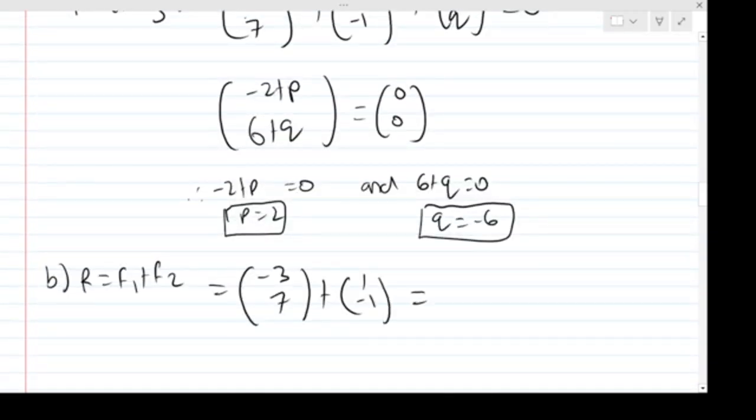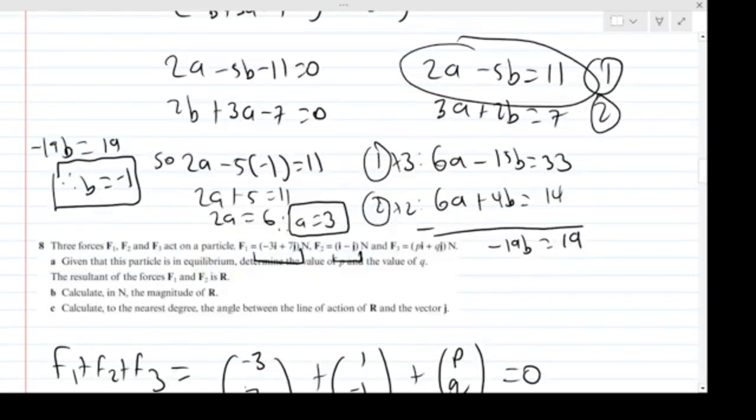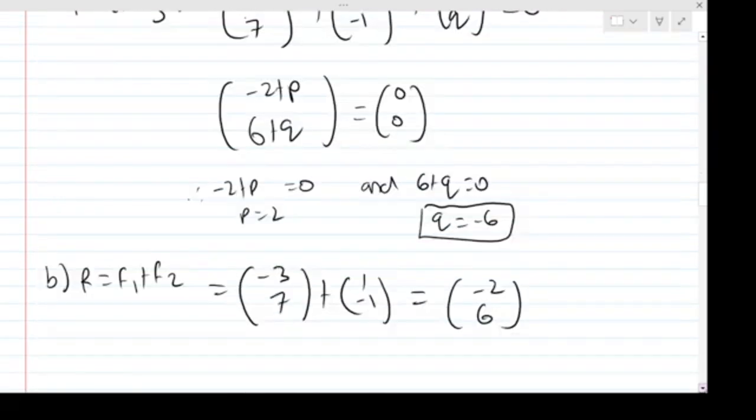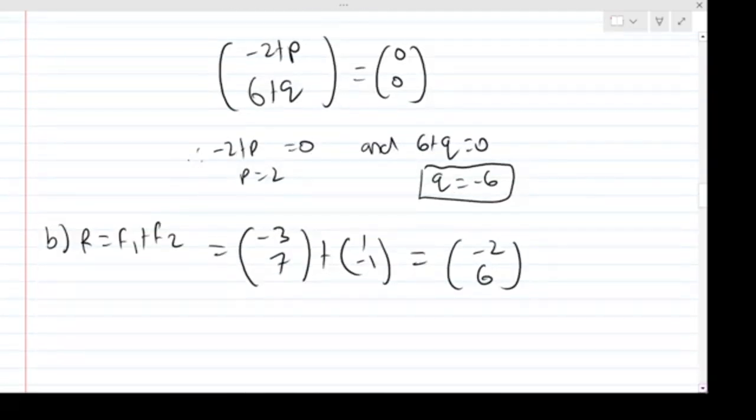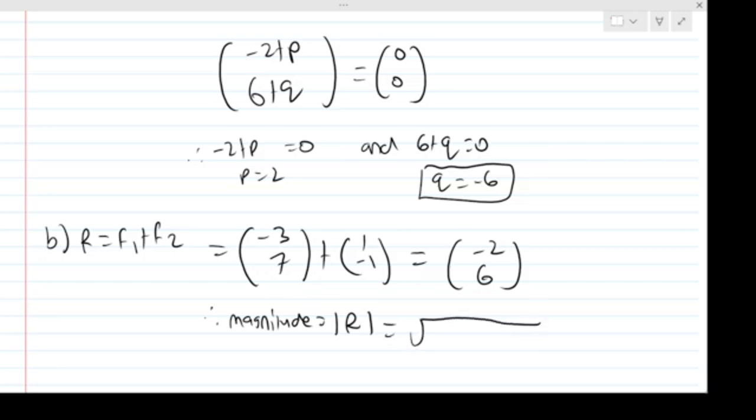If we add those up, we're going to get minus 2 and then 6. So that's the resultant of those two vectors. It wants to find the magnitude. Okay. So then, as we discussed at the start, the magnitude, which is what we say R with these two vertical lines, is the root of the two components squared.